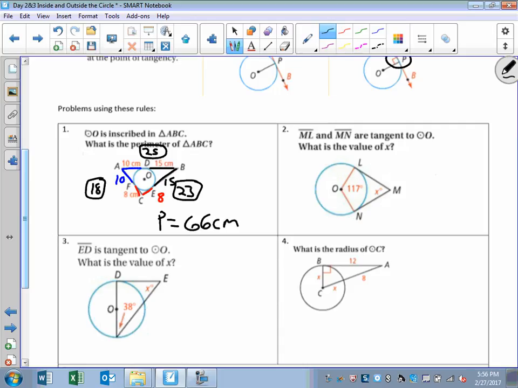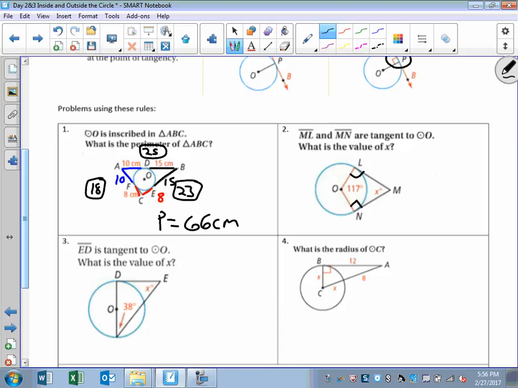For the second one, we're going to be using the second property, the second special rule. The line is tangent, and that means it makes a perpendicular with the radius. So those two are going to be right angles, so those are 90.